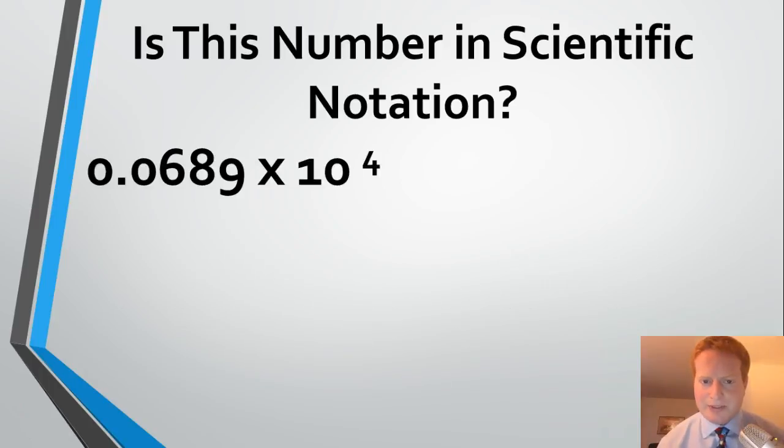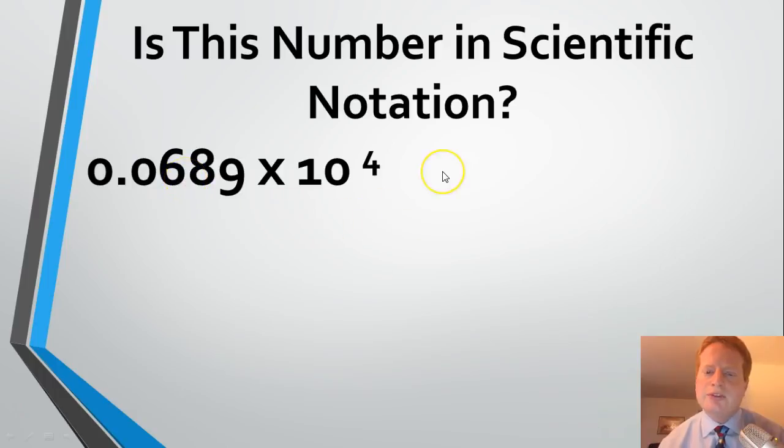Now what if we have the opposite example? So see if you can probably start to figure out how the rules apply for this one. In this case, in order to make our coefficient between 1 and 9, we have to move our decimal to make our number larger. So what do you think will happen to our exponent? Well, our exponent will then get smaller, right? And then it'll get smaller by however many steps we moved. So in this case, we moved 2 steps.